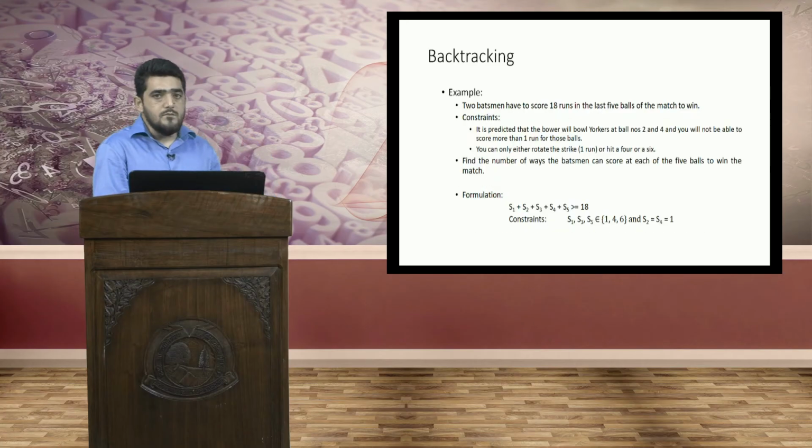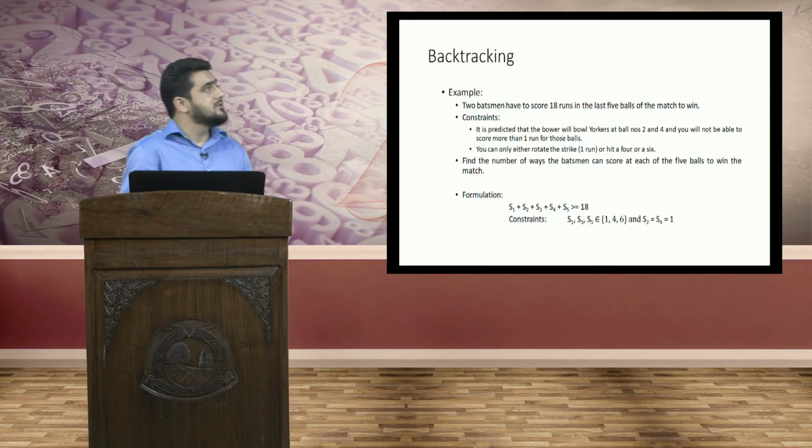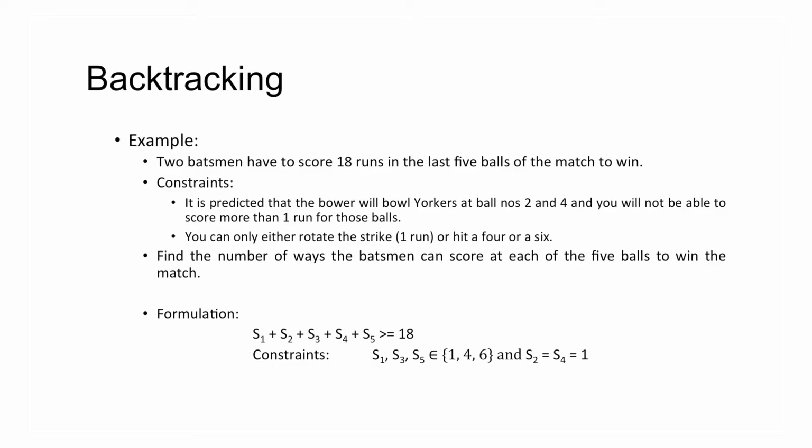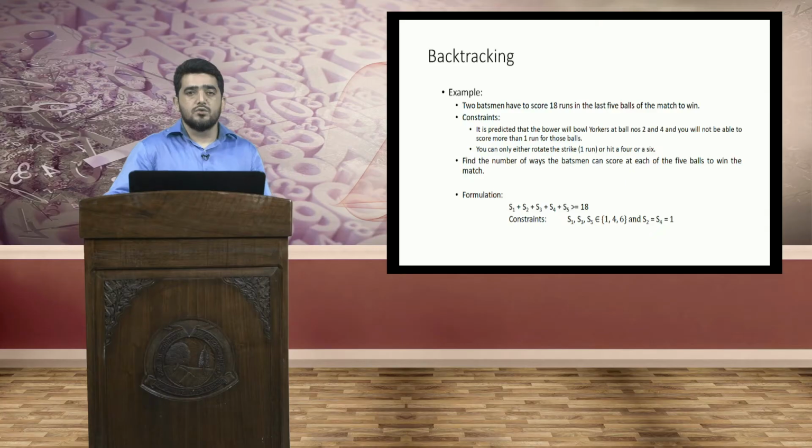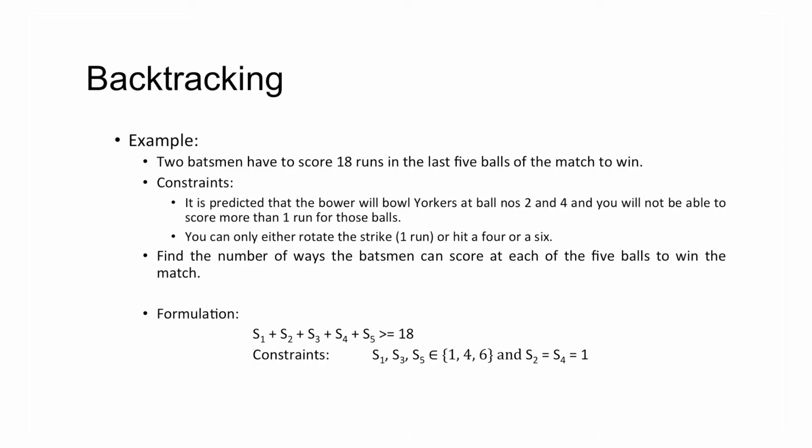So let's try to formulate this problem in a mathematical way. As you can see on the slide, let's consider S1 to be the score for ball number 1, S2 the score for ball number 2, S3 for ball number 3, S4 for ball number 4, and S5 for ball number 5. The basic objective is that the sum of these 5 scores has to be greater than or equal to 18.